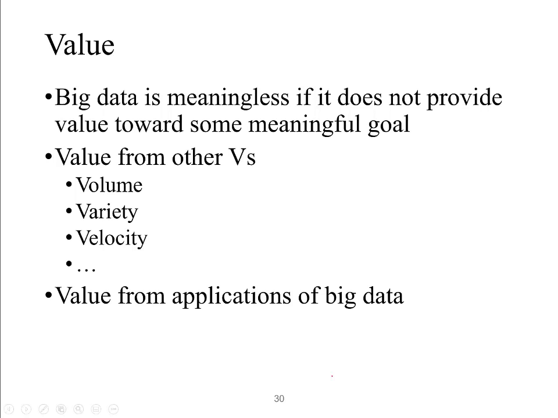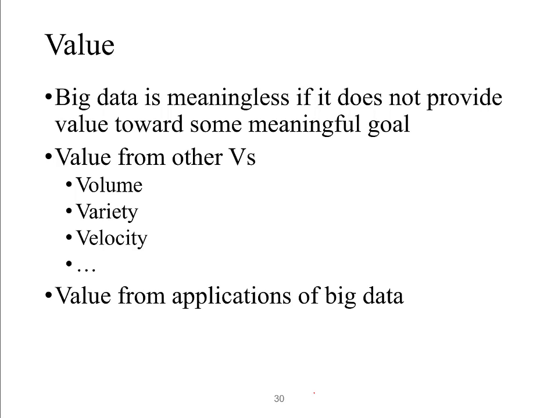Then you make use of them in real-time applications such as surveillance systems or in homeland security. This is the value of big data, and of course the value comes from other V's as well. The value is also coming from applications of big data. That is a more straightforward way to show the value of big data, I think.